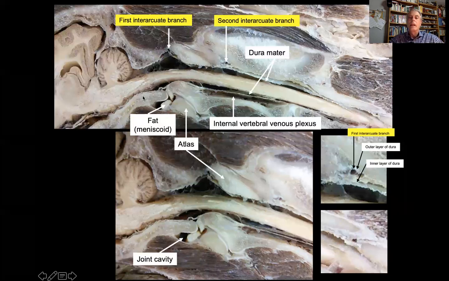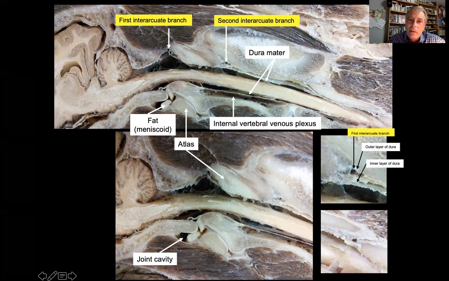Again, we go back to the dissection room. A sagittal section: the encephalon, the spinal cord, the occipital bone, the atlas, the dens of the axis. The meniscoid is a fatty structure to allow a better joint. And then you see, this is the dura mater; remember, this is the inner layer attached to the outer layer of the dura mater.